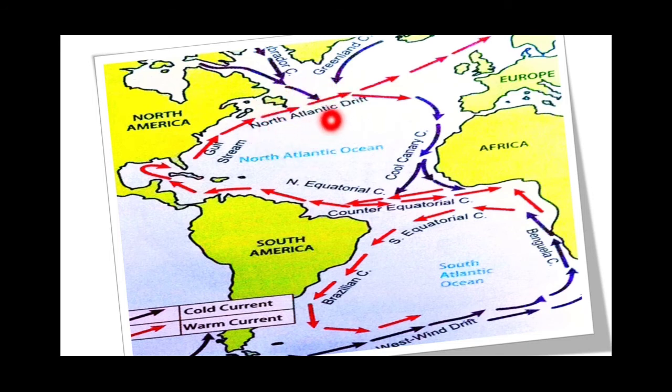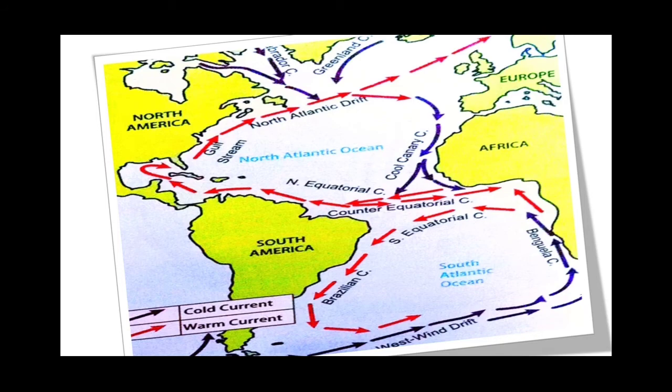We call it a fishing bank or fishing ground, and the name of this fishing ground here is Grand Banks. So Grand Banks has a rich variety of fishes and it is very popular for plankton and variety of fishes, which is brought by the cold Labrador current. So this is all about the Labrador current.